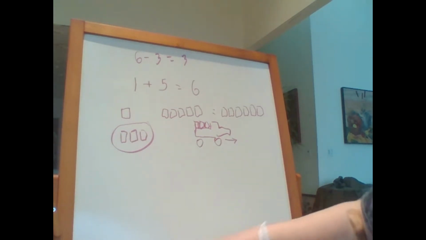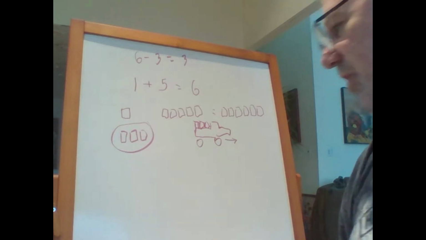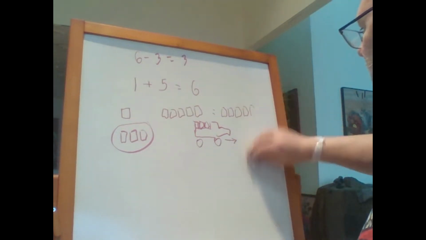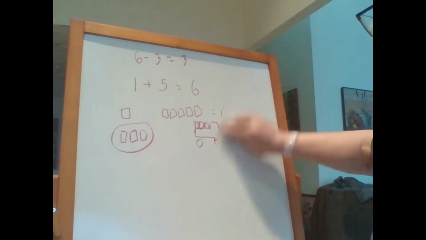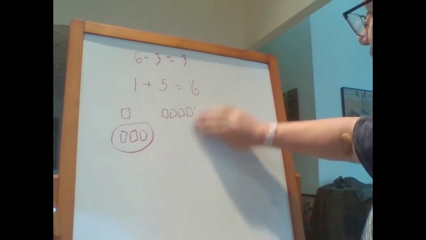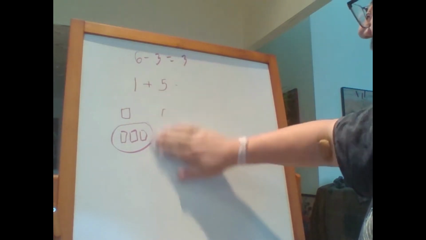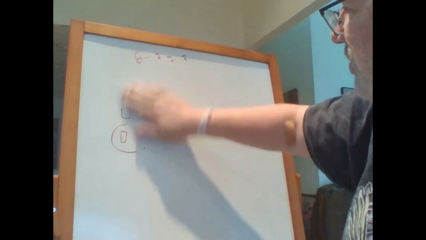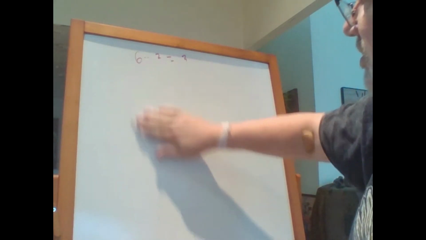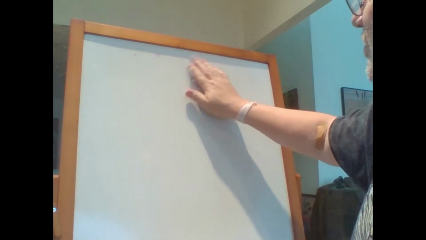So addition and subtraction is very straightforward. It's essentially counting and accounting. It's keeping track of quantities of things.